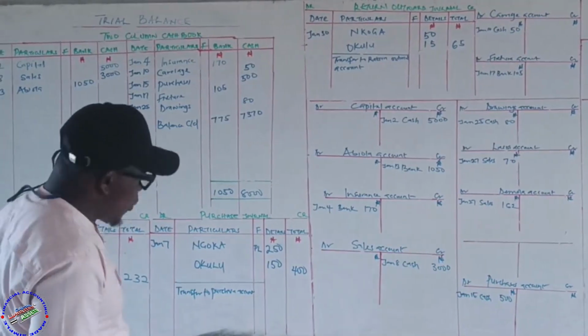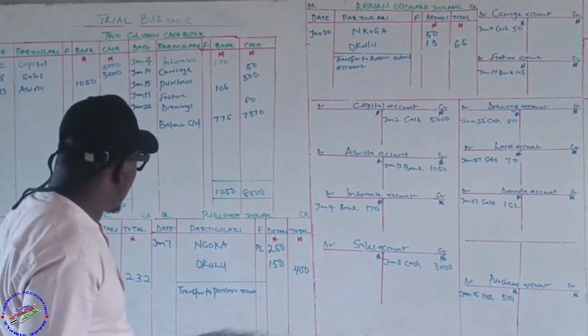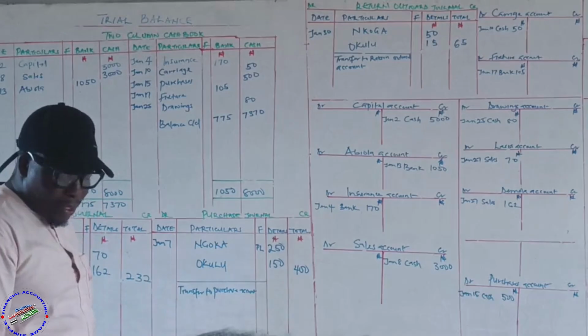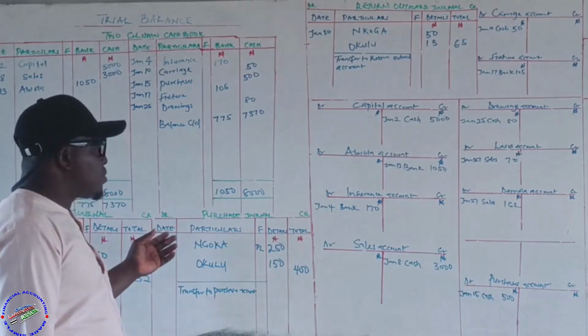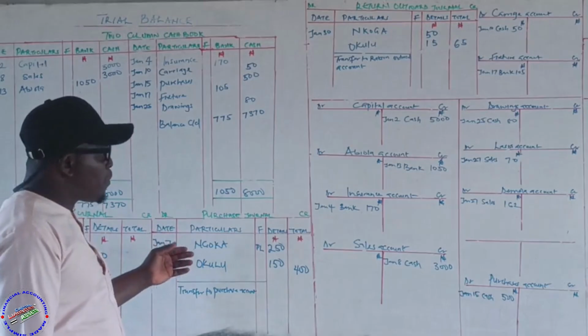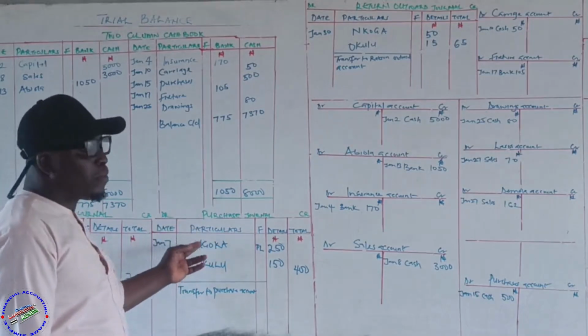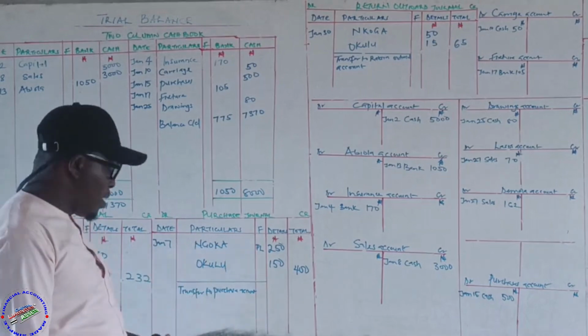So here we have the purchase account already. For the rule of purchase journal, we are to debit purchase account and credit individual's account.